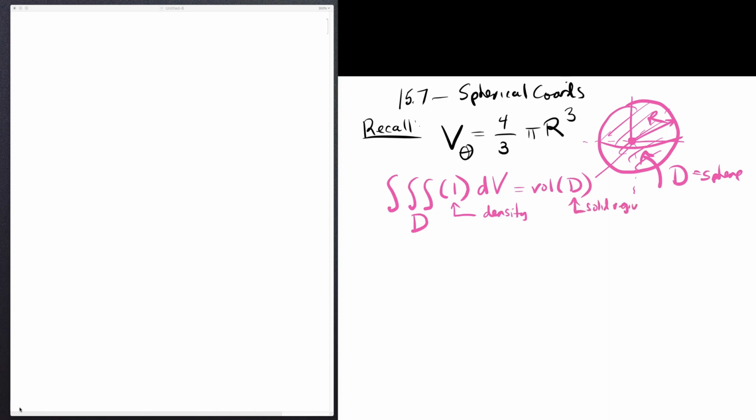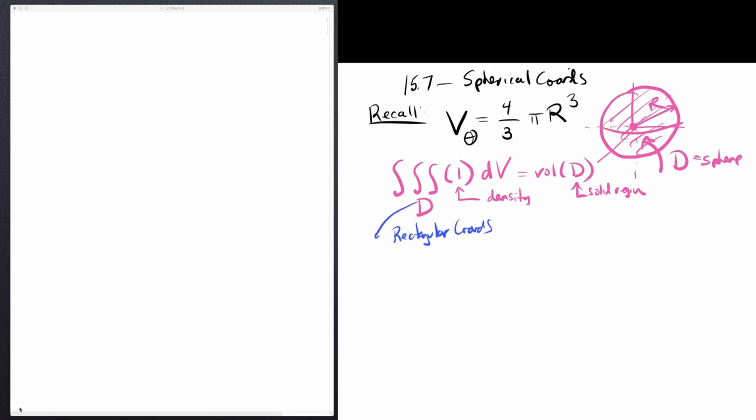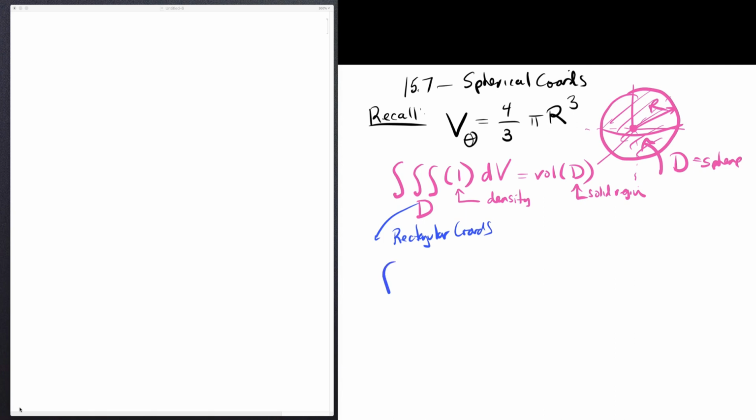So what we need to do now is describe this solid region in a particular coordinate system. If you decided that you wanted to go the rectangular coordinates route, you're going to have a pretty gnarly integral on your hands. We're integrating 1.